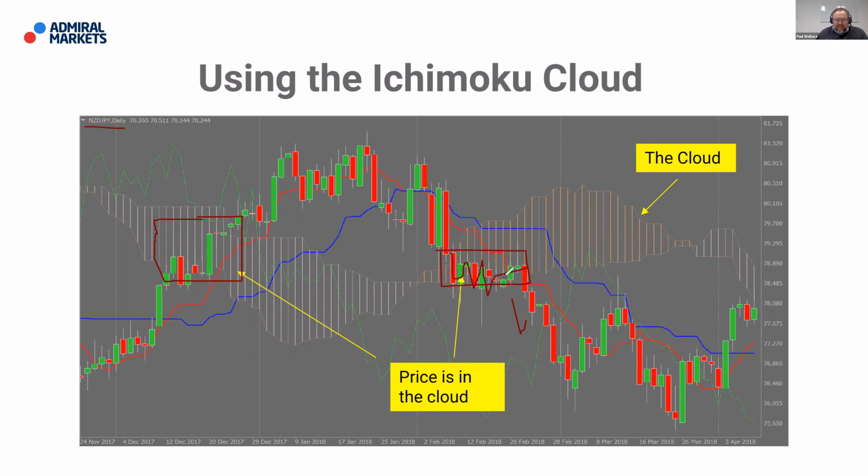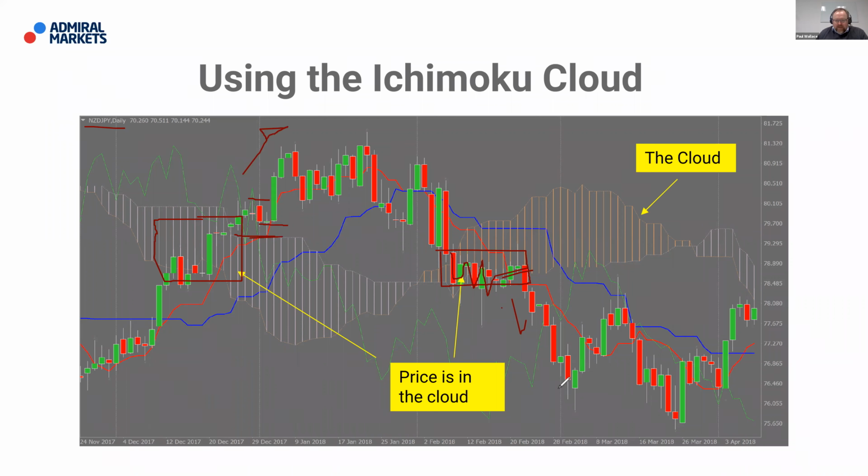Then where are we? Well, we're beneath the cloud, so we're bearish, and in a couple of slides we'll look at how we combine that with the baseline and the conversion line. Here we can see that's the boundary level. When price gets above the cloud, we have a bullish bias.